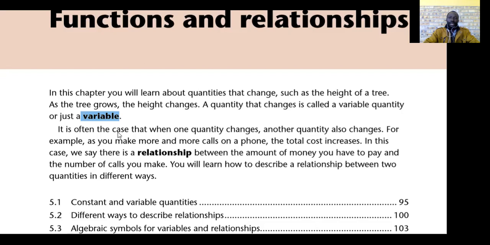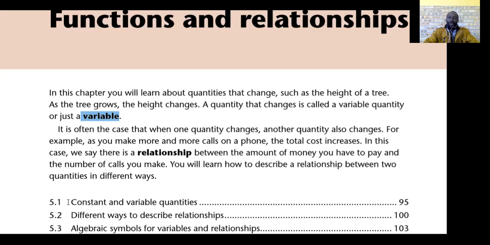Well, the first thing we will then be looking at is constant and variable quantities. Now, constant in this case is used to mean it is not going to change with time. It's a quantity which cannot easily change with time. What are some of the things that do not change with time? Well, we will be looking at them. What are some of the things that change with time? We will also look at them.